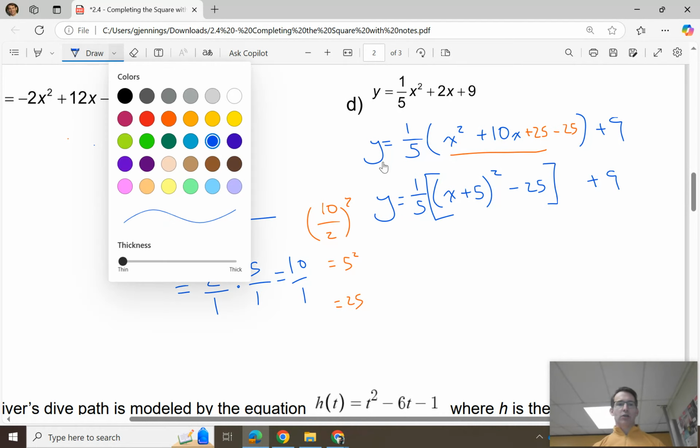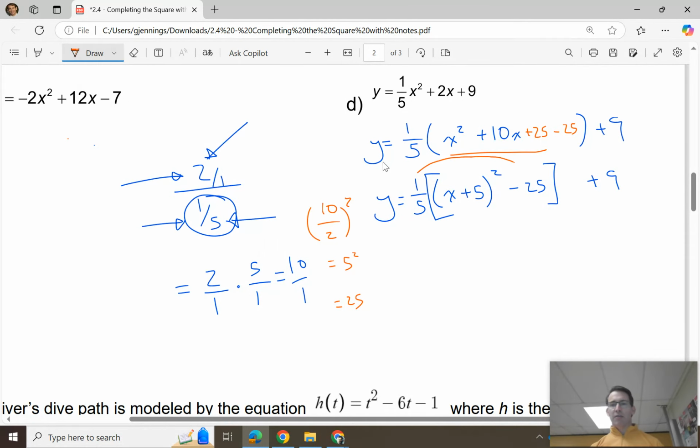Now we're going to do this thing where we do 1/5 times minus 25. What's a fifth of negative 25? Negative 5. So negative 5 is going to pop out of the brackets here. So now we go to y is equal to 1/5 (x plus 5) squared minus 5 plus 9.